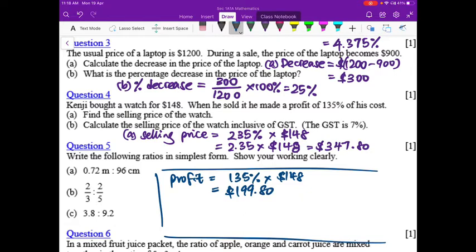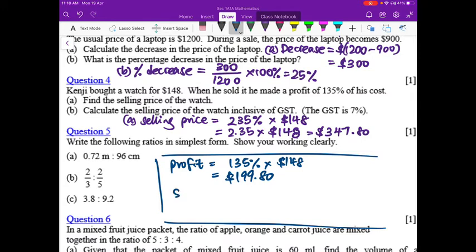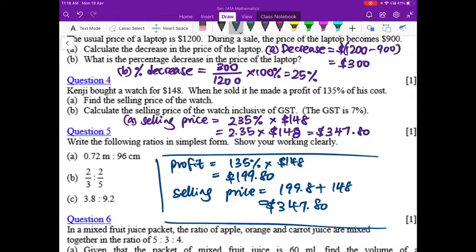This is the profit. This is the alternative solution. So selling price will be 199.8 plus the original 148, and you get 347.80. So this is the alternative solution if you don't want to do one step.